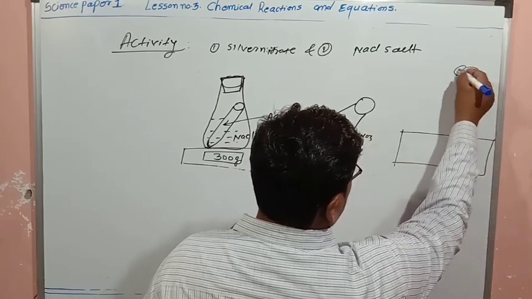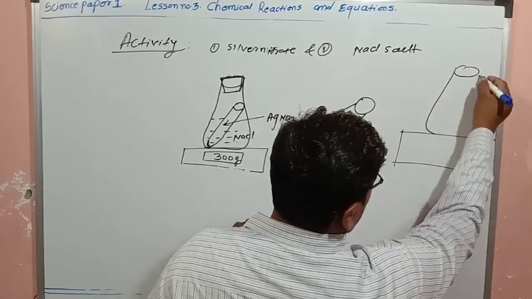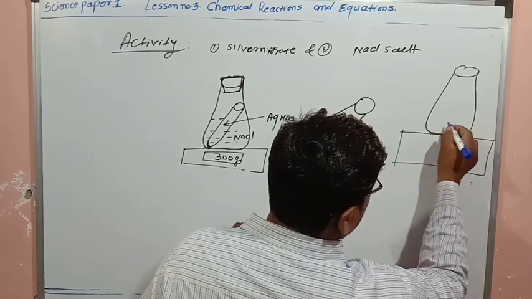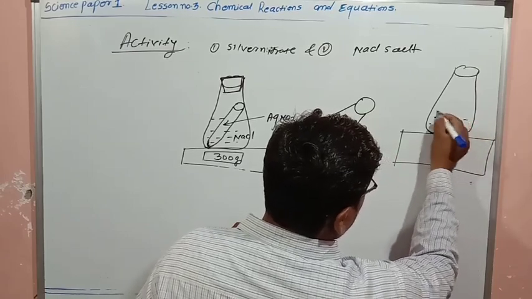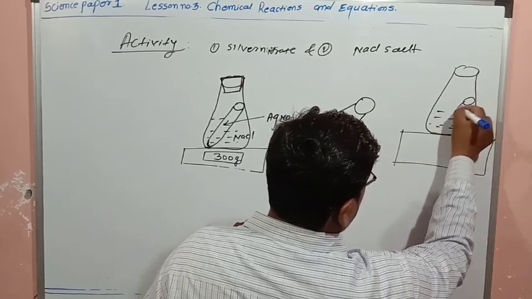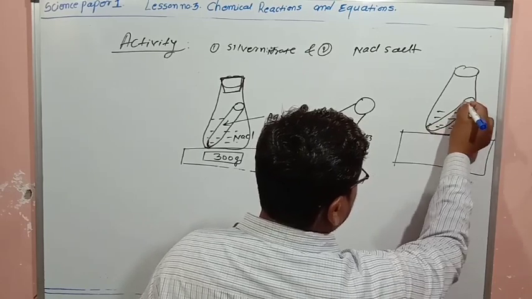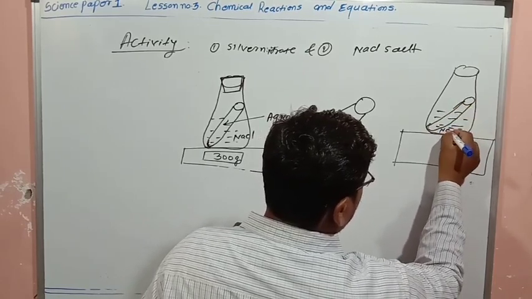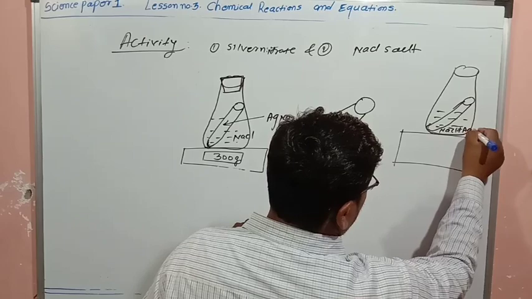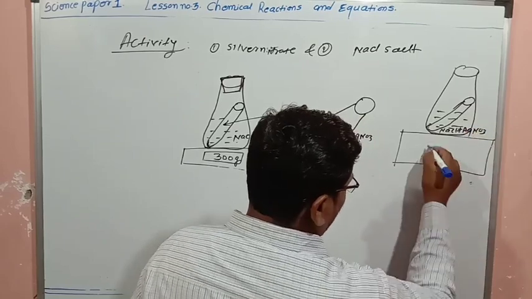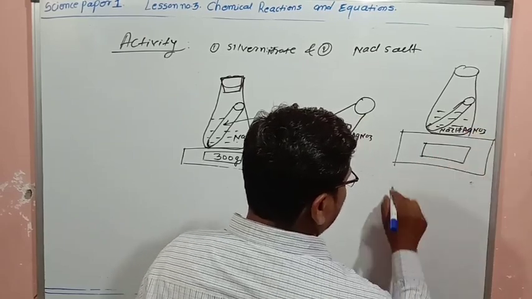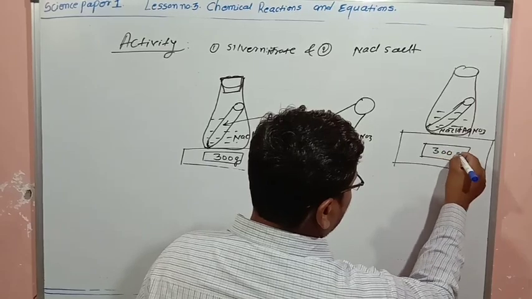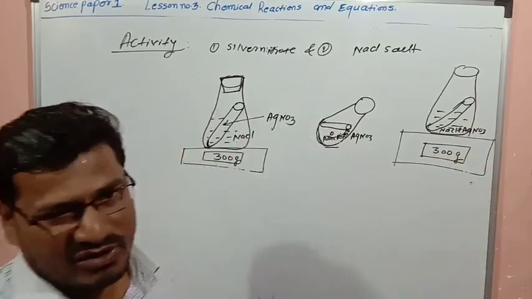On the weight balance you have to keep the conical flask, which now contains the reaction mixture, with the test tube and the NaCl plus AgNO3 mixture, and you measure it. Here also it will be 300 grams.